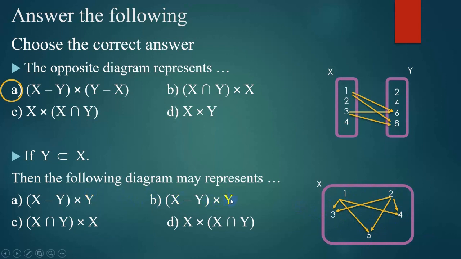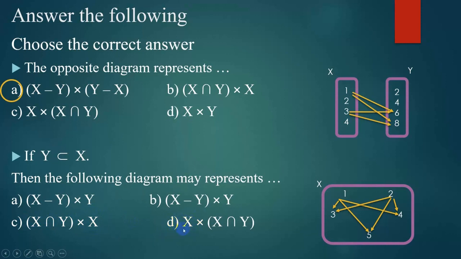Why isn't it x difference y cross x? Because if it were the right answer, the arrows were supposed to be oriented to each element in x. Okay, why isn't it C, cross x? For the same reason, because if 1 and 2 are the intersection between x and y, these arrows are supposed to be oriented to each element in x, which is not happening.